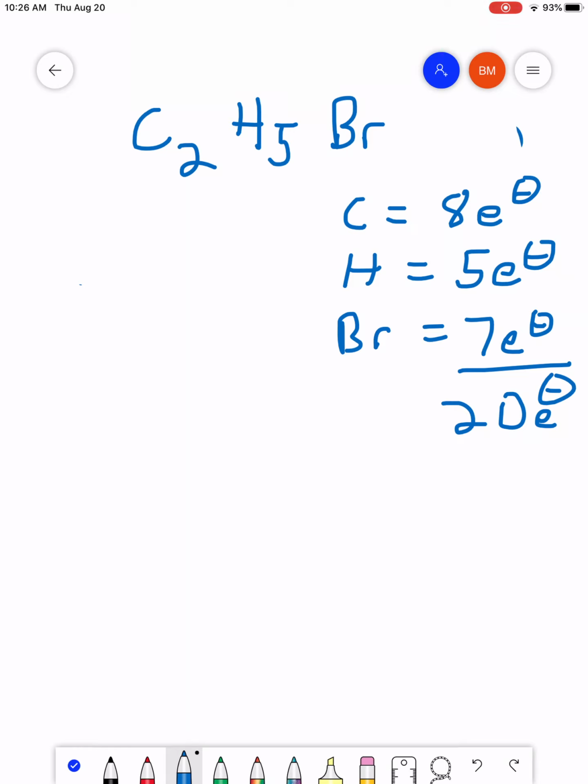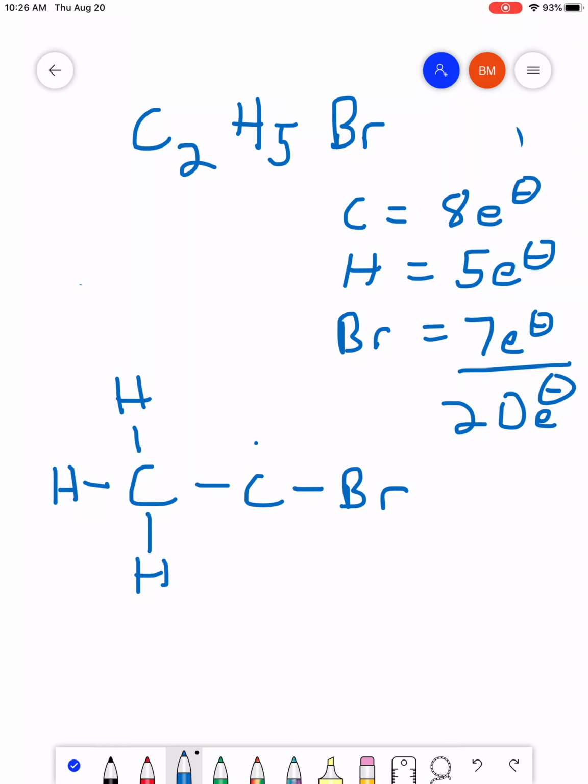And again, there are different ways you can map this out. If you do it this way, you'll see that it allows us to draw single bonds between each of the atoms.